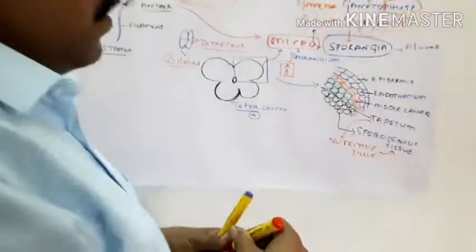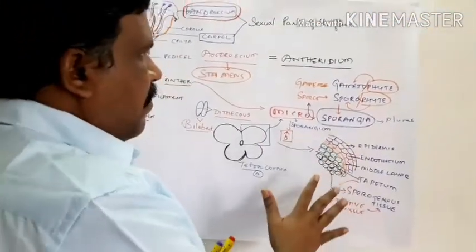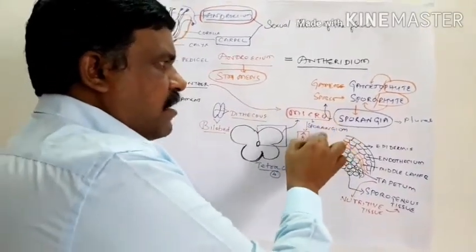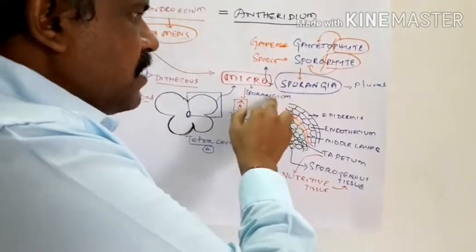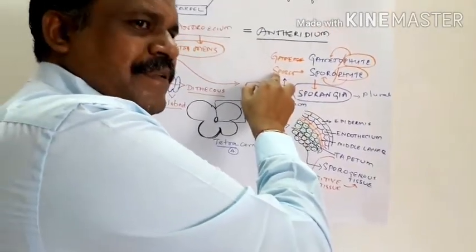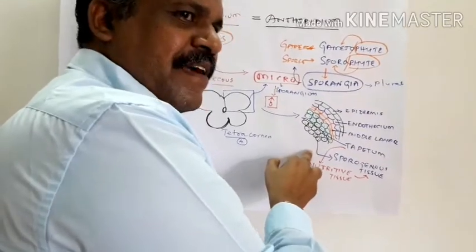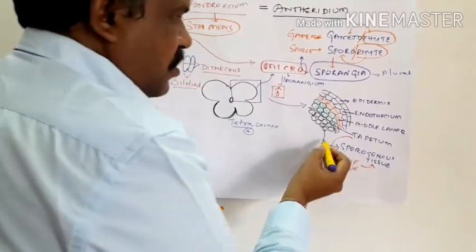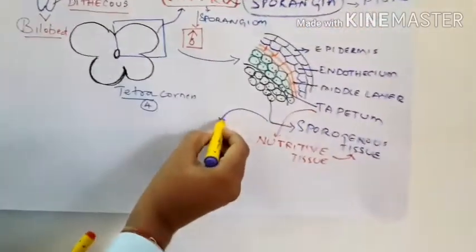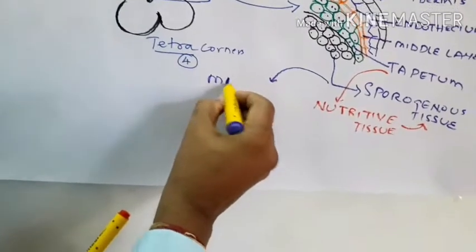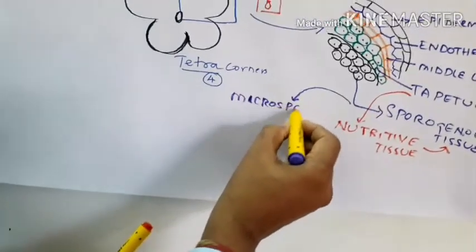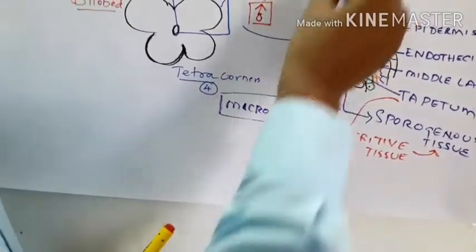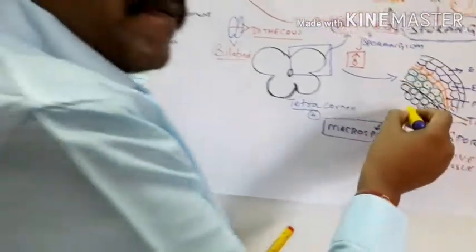Now, today we are talking about the microsporangium, and as I told you, the microsporangium is the one which should develop the spores. So what is it developing here? Microspores. This sporogenous tissue is finally converted into microspores. Okay, children. So the sporangium naturally should produce the microspores.